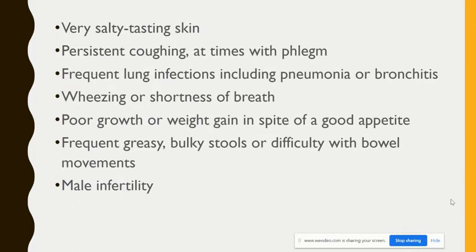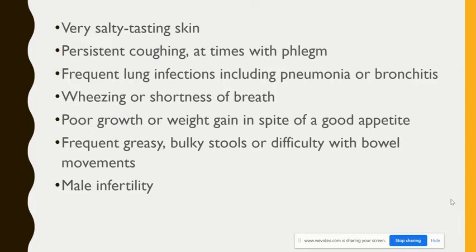Some other facts are that it gives the person very salty tasting skin. They have a persistent cough and sometimes cough up phlegm or mucus. They have a lot of lung infections at times or get sick. They have wheezing or shortness of breath. There's poor growth or weight gain. And then they have really bad poop.